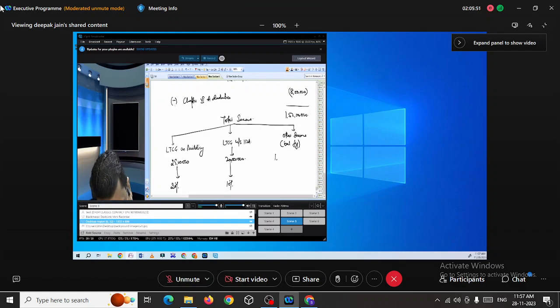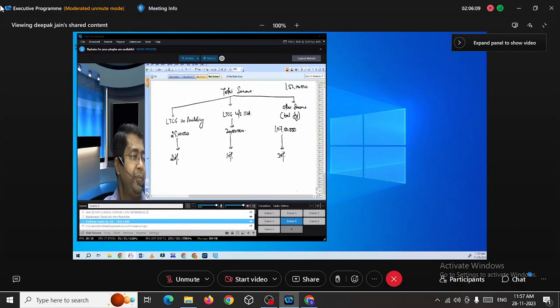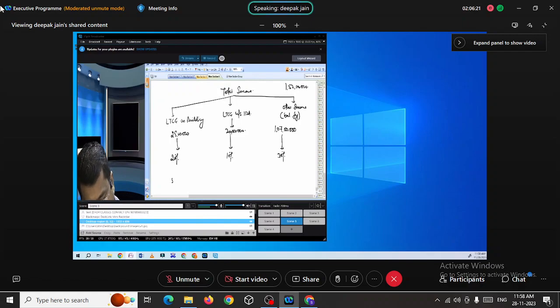107? Yes, sir. What is the tax rate on other income? 30%. Yes. Now, how to compute tax? 25 lakh into 20%, 5 lakh, plus 20 lakh into 10%, 2 lakh tax, plus 107 into 30%.